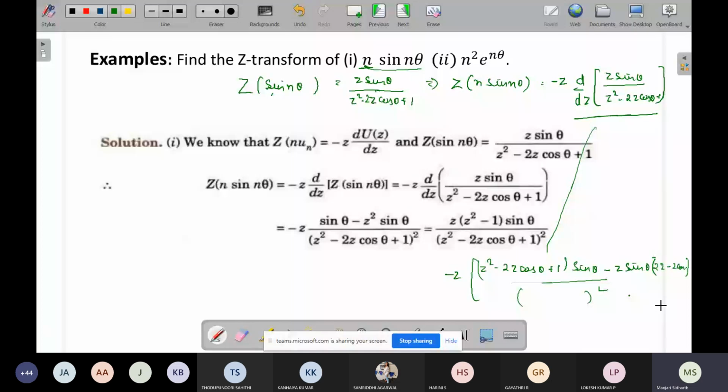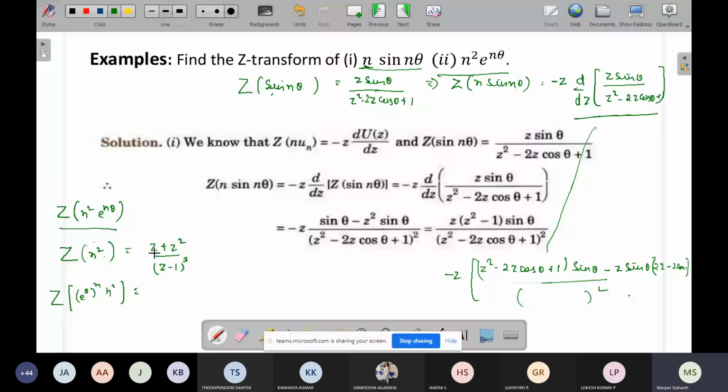Now the z transform of n square e power n theta. So already there was an unsolved problem, right? First way you can do like this. You should know the z transform of n square is z plus z square over z minus 1 whole cube, and it is multiplied by positive power of a, means e power theta power n.